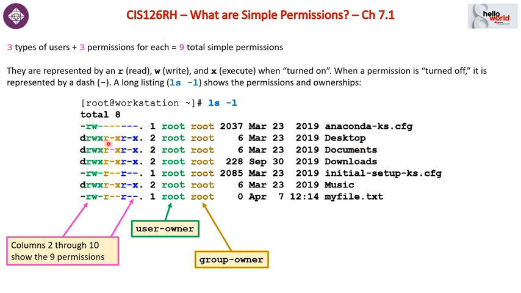It also means that members of the root group, the group owner here, have read and execute, but no write. What that means is that they can use ls. Okay, we're talking about directories. They can use ls to view the contents of capital D Desktop, and they can actually CD into it because there's an X there.